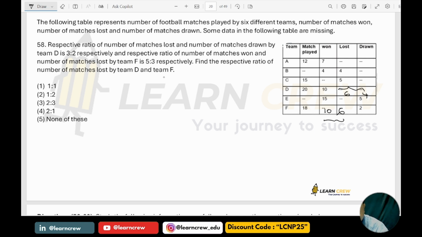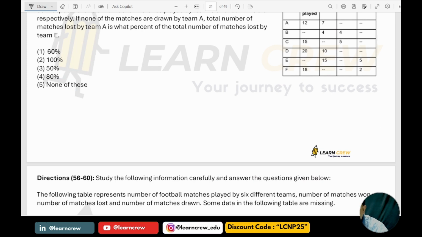Find the respective ratio of number of matches lost by team D, 6, and F also lost 6. 6:6 is 1:1. So answer is 1:1. Next question.